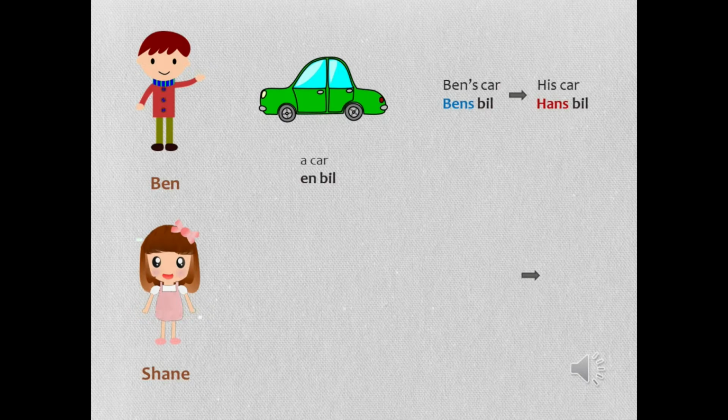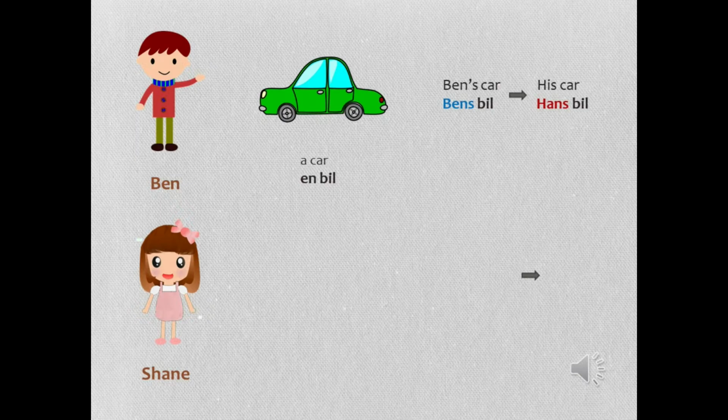In Swedish, hans bil. Hans here is an example of a possessive pronoun, or ett possessivt pronomen, which replaces Ben's name and shows ownership. We can say that it is his car, or in Swedish, it is hans bil.